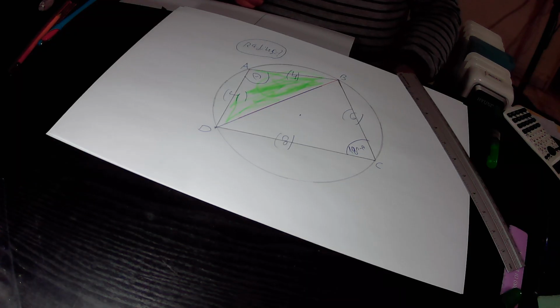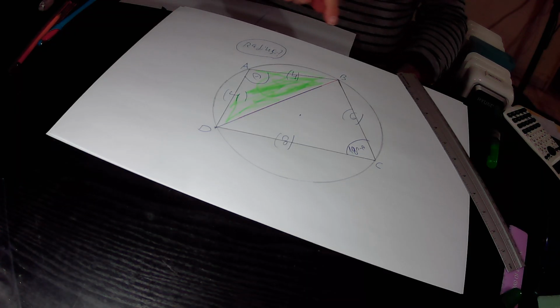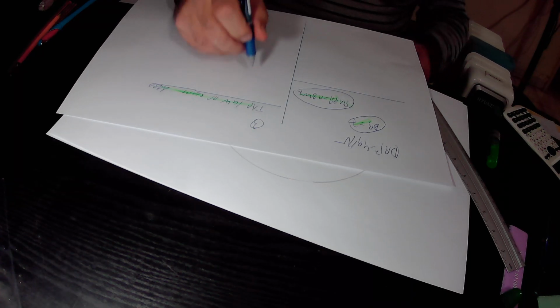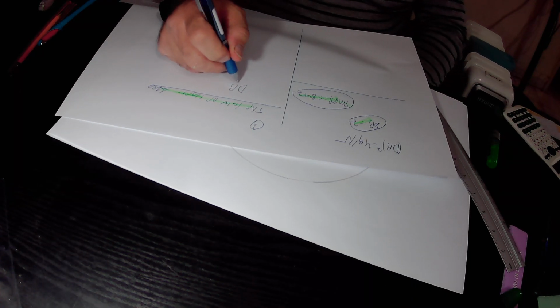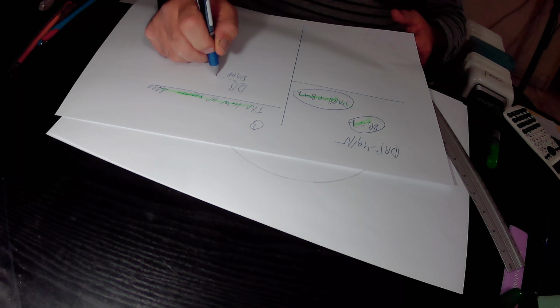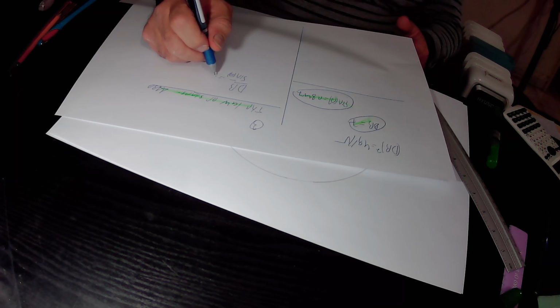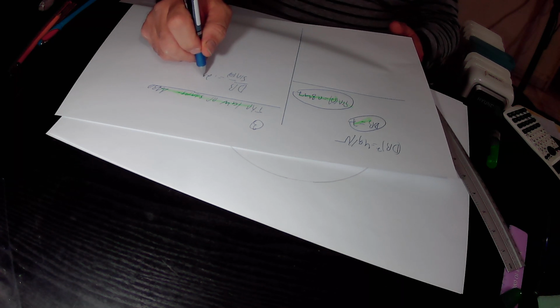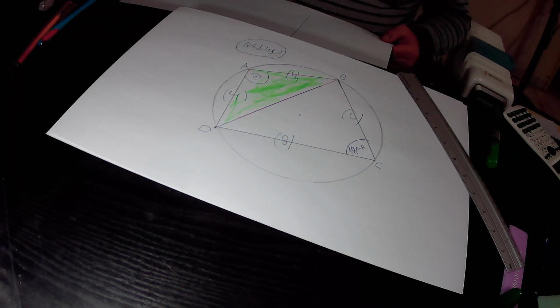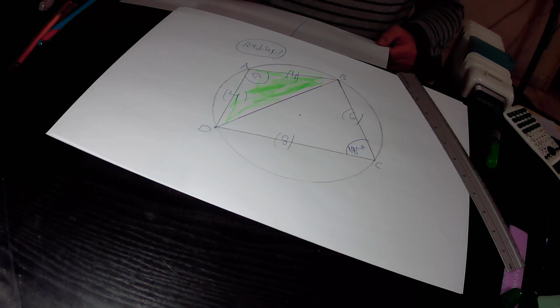According to the law of sines, for this red triangle ADB, the following equation is true: DB over sine theta equals 2R. And R is the radius of this circle that circumscribes the red triangle ABD.